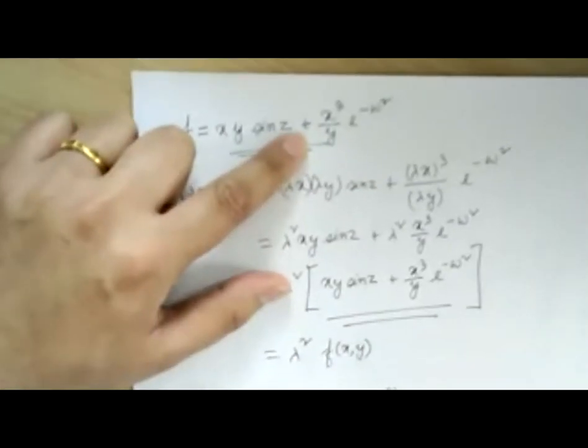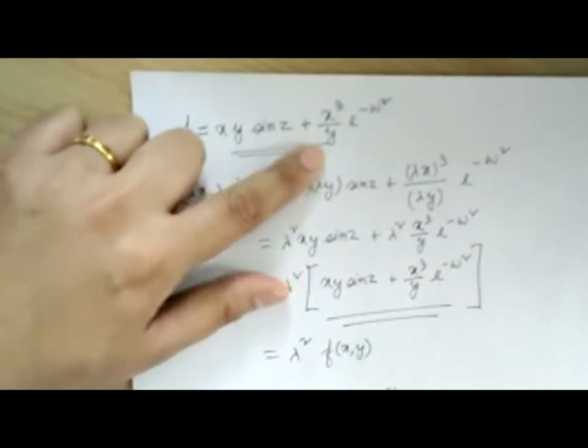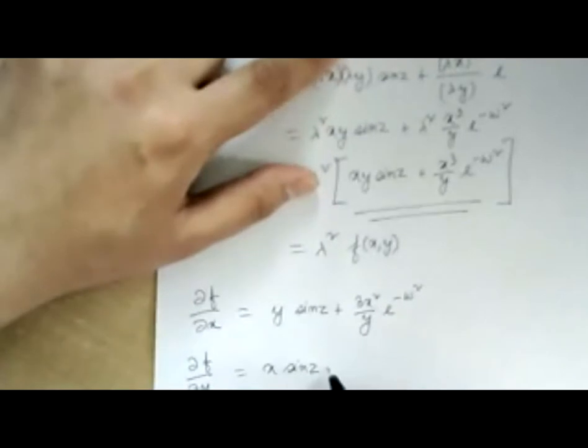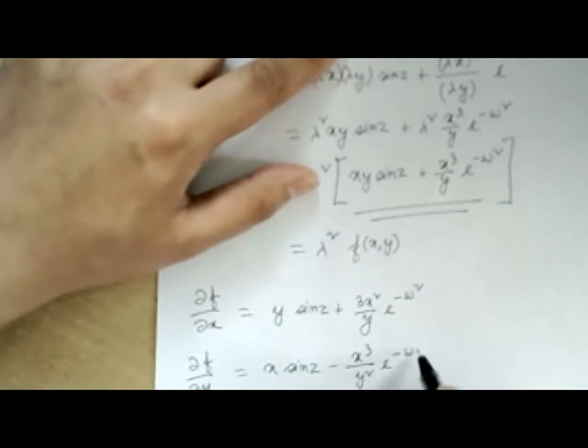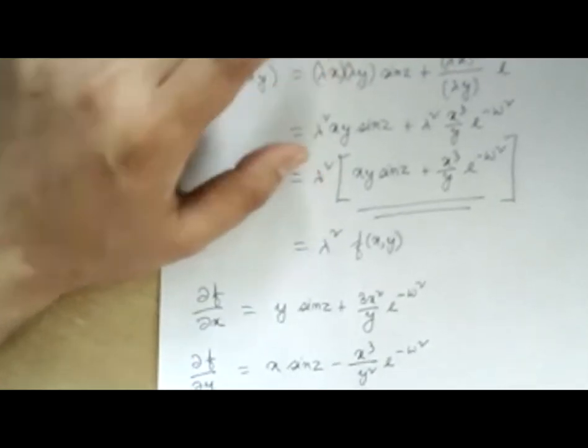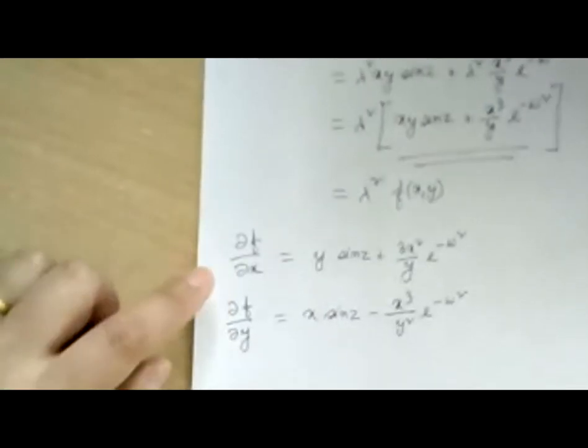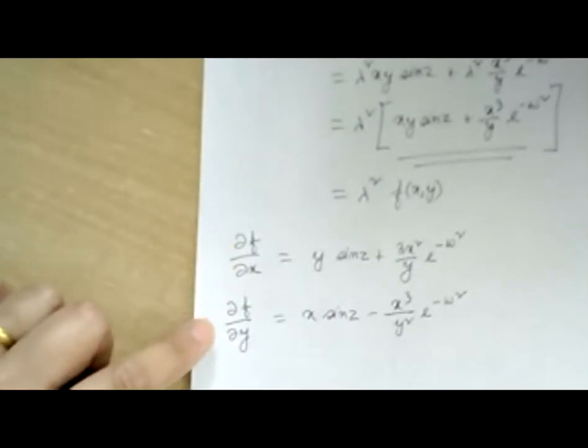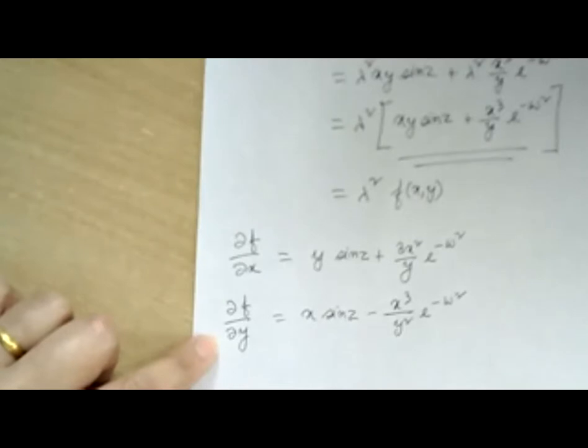If you differentiate this with respect to y, what do you get? Minus x cubed by y square e to the power minus w square. So this is del f by del x, this is del f by del y. To check Euler's theorem, what do we do?